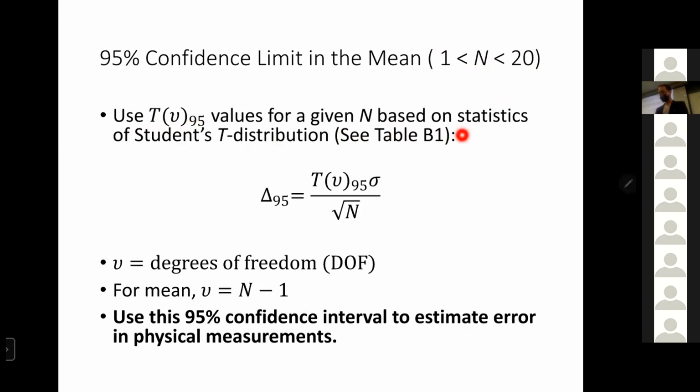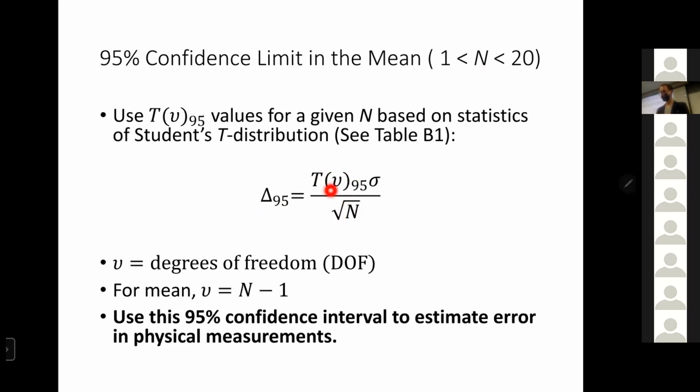You can look these values up in a table, and you use this formula to compute the 95% confidence interval: you look up the 95% student t factor from a table, multiply by the standard deviation, and divide by the square root of the number of measurements.